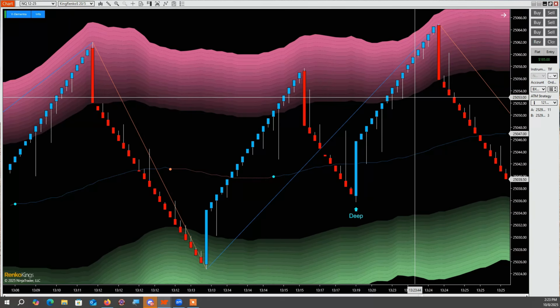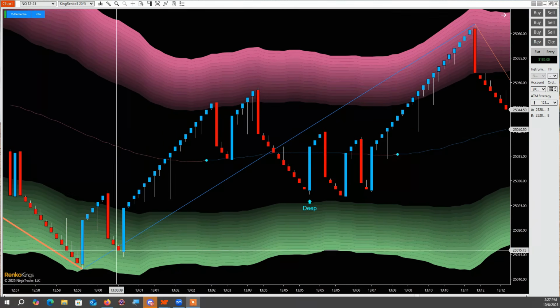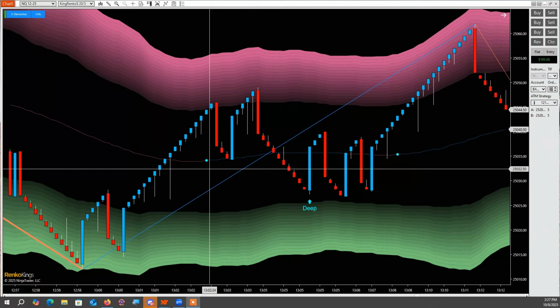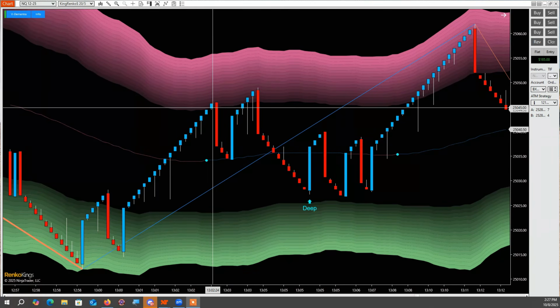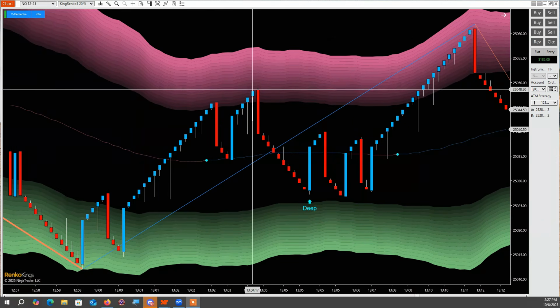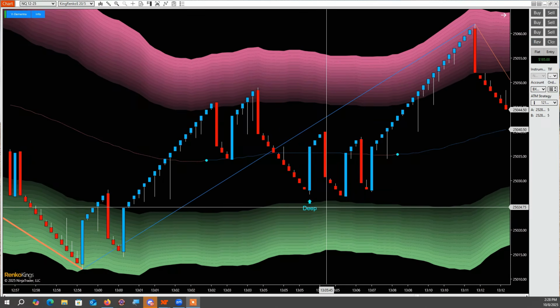if not more. So these dynamic bands follow price. That's why they are dynamic bands, right? Dynamic support and resistance. They follow price, and very often price would react as it enters either a resistance band or a support band.